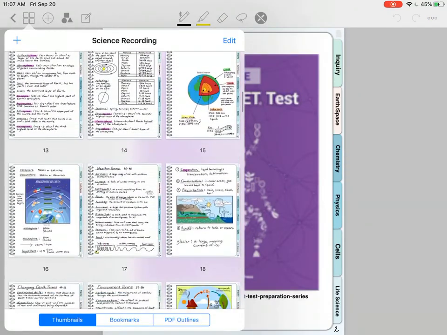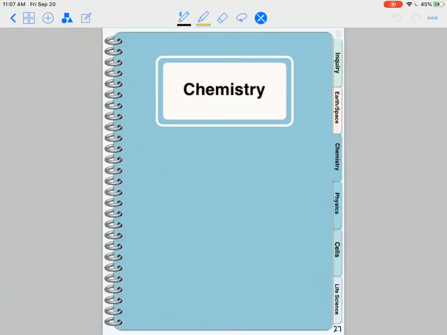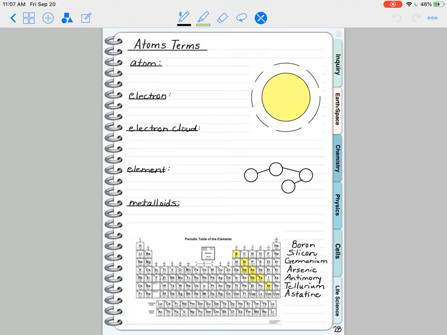We are in Module 3 about chemistry, and this is page 27 of your work text. If you are following along in the textbook, you are going to be on pages 76 to 79.